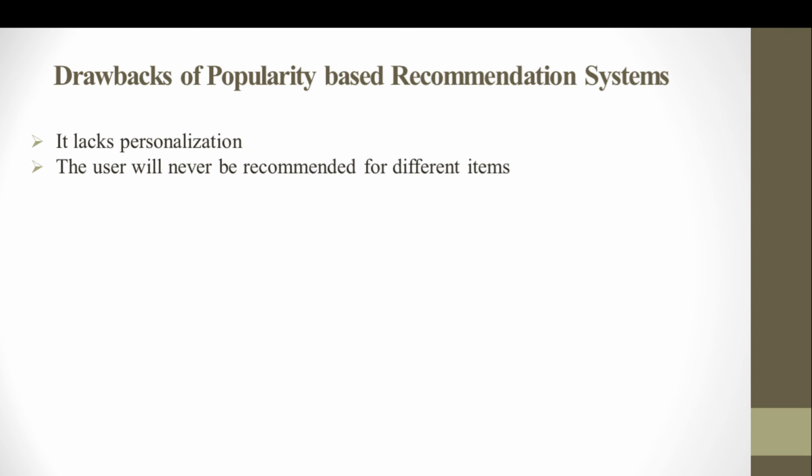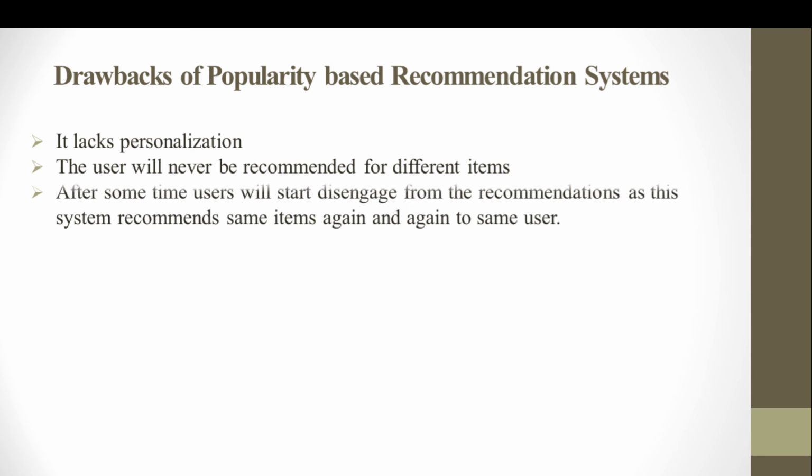Once the movies are watched by Mr. C, he is going to need a different set of recommendations, which this popularity based recommendation system will not provide. The next drawback is that after some time the user will start to disengage from the recommendation as the system recommends the same items again and again.